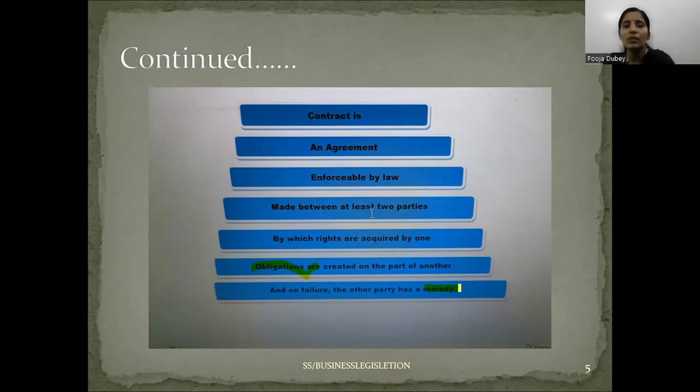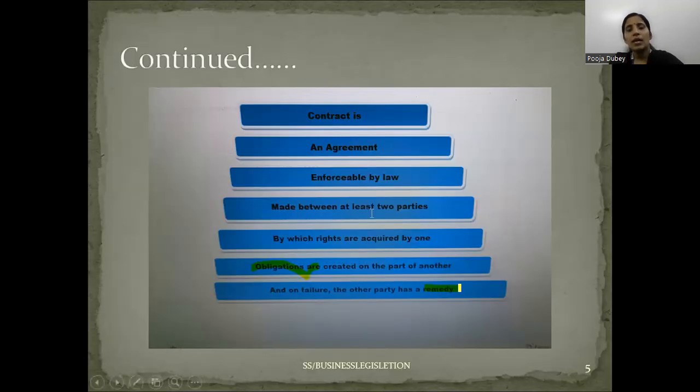In a social agreement, these are all missing. But in a contract which is enforceable by law, the obligation is created before the party, and if the party fails, then there must be a remedy. This is the essence of a contract.